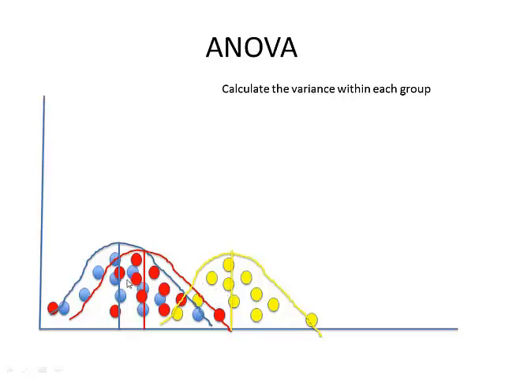Remember, variance depends on the mean and the spread of data around the mean. So we would calculate the variance for the 6th graders, the 7th graders, and the 8th graders.